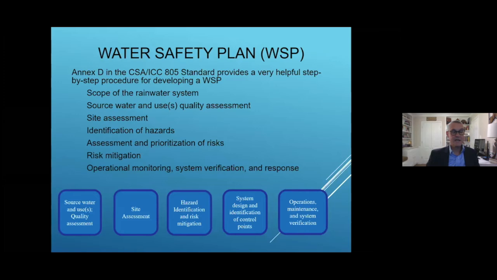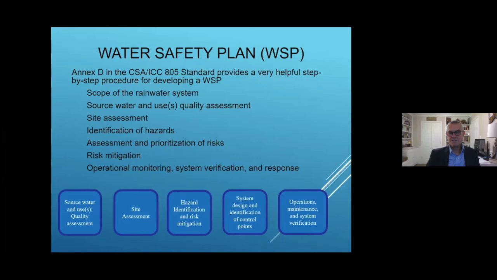Talked about a water safety plan. I think this is an important component that makes sense to explain what the system's doing and how it's going to do it. This just goes over the scope of what you're installing, where the source is, where you're getting it from, what's your assessment of the water quality, what are you going to do with it, how clean does it need to be, is it serving toilets, is it serving irrigation? You probably have two entirely different methods of filtration or cleaning the water at that point.